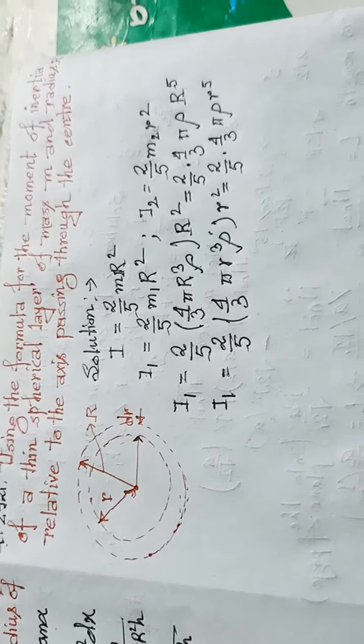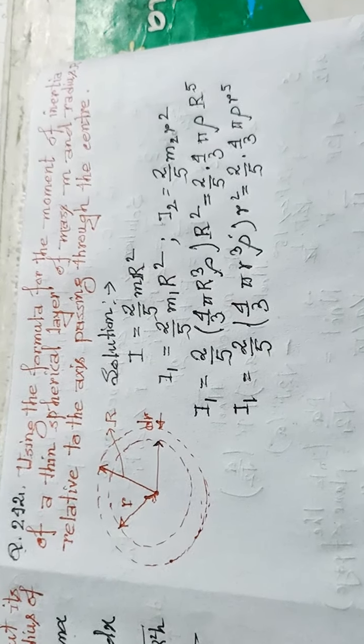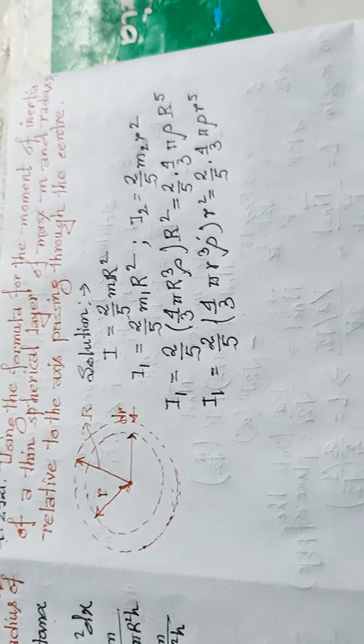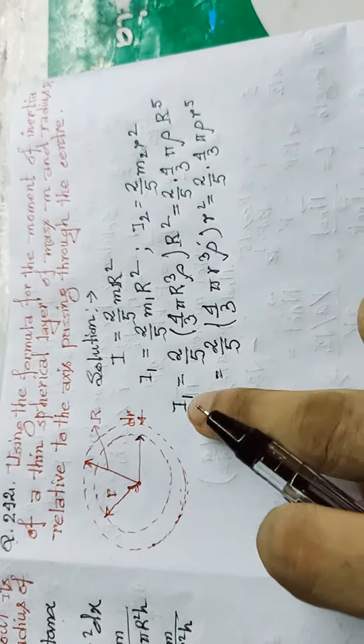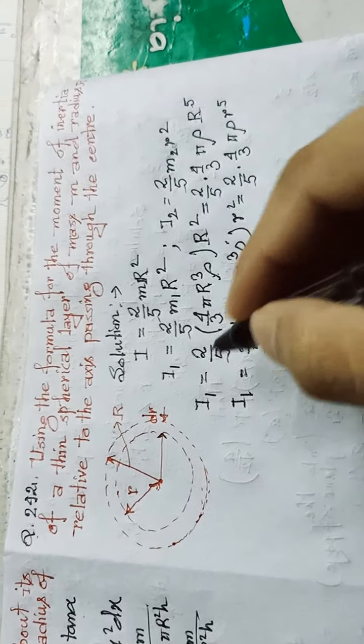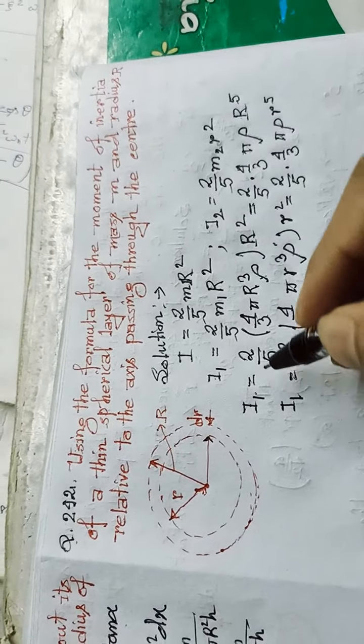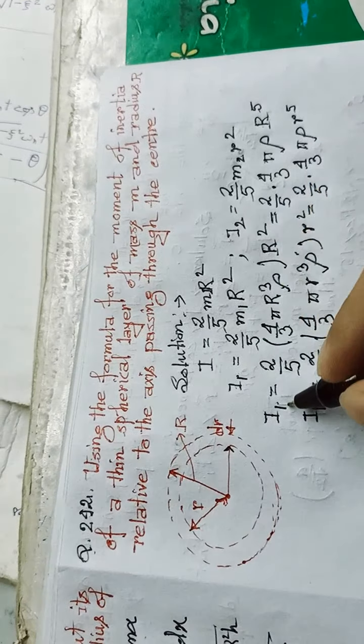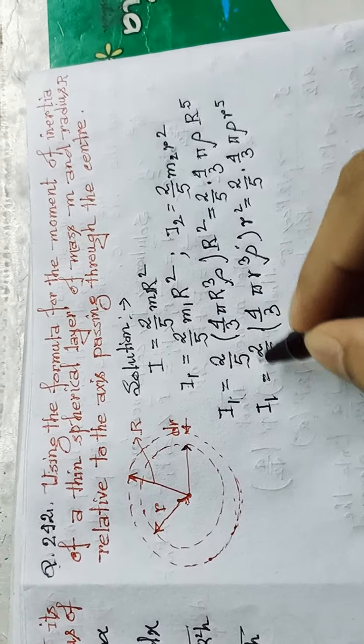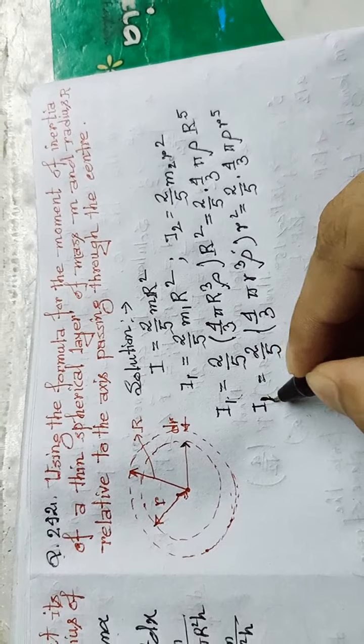Now the net moment of inertia for a spherical shell will be the subtraction of these two moments of inertia. This is I1 and this is I2.